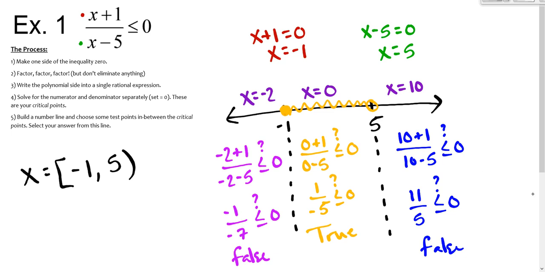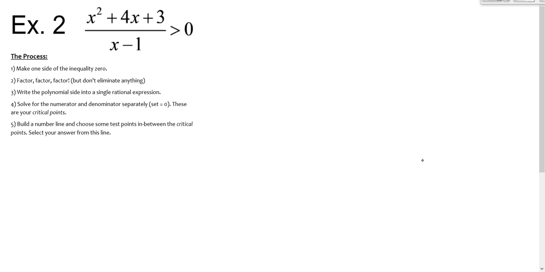Okay, one more example problem. Example 2, we have x squared plus 4x plus 3 over x minus 1 is greater than 0. So I recognize this as a rational because this is a fraction involving polynomials, and an inequality because something is greater than something. So one side of the inequality is already 0.